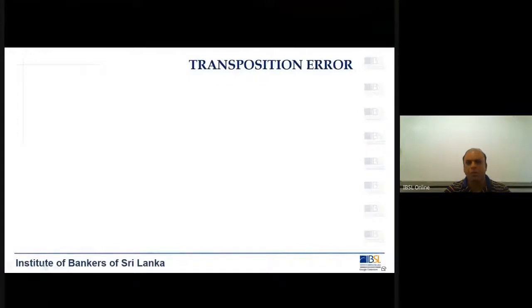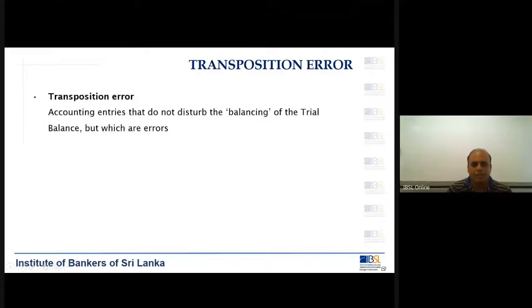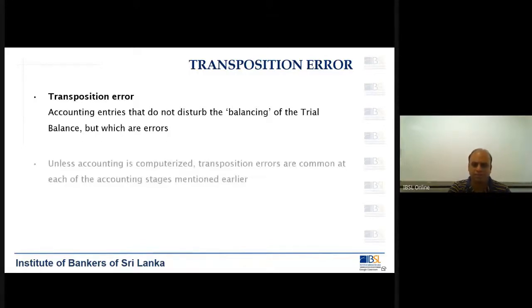So let's proceed. The next type of error that we are going to look at is called the transposition error. Transposition error means accounting entries that do not disturb the balancing of the trial balance, but which are still errors as far as the trial balance is concerned.